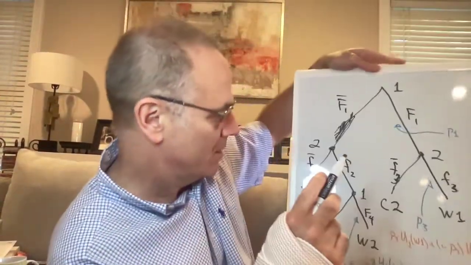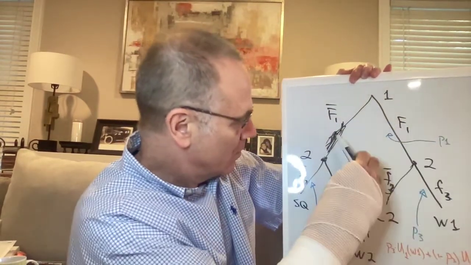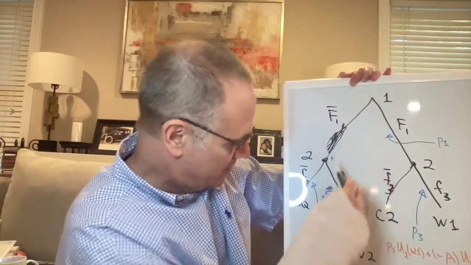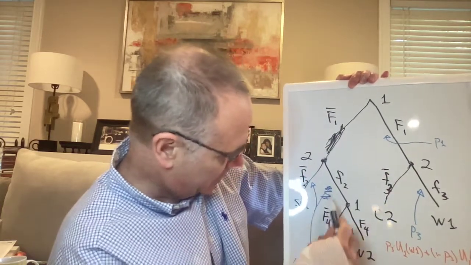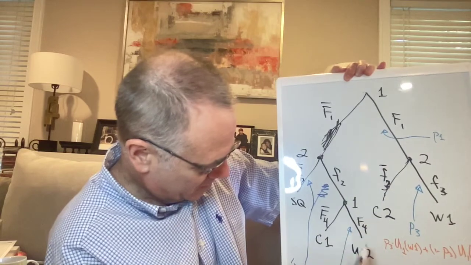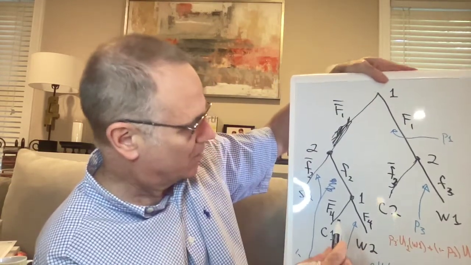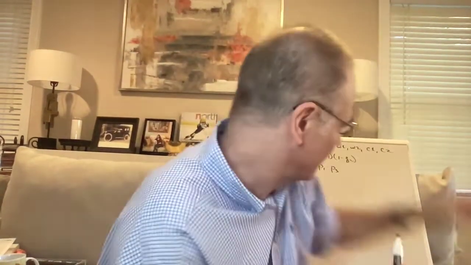Next, probability of W2. All right, so that is 1 minus P1 times Q2 times P4.